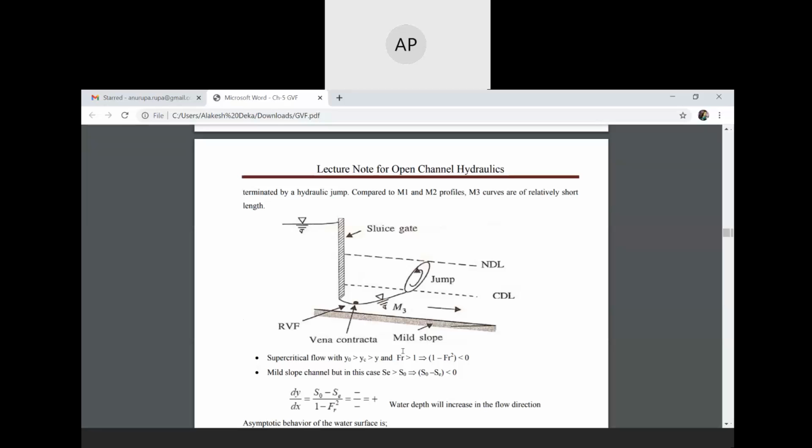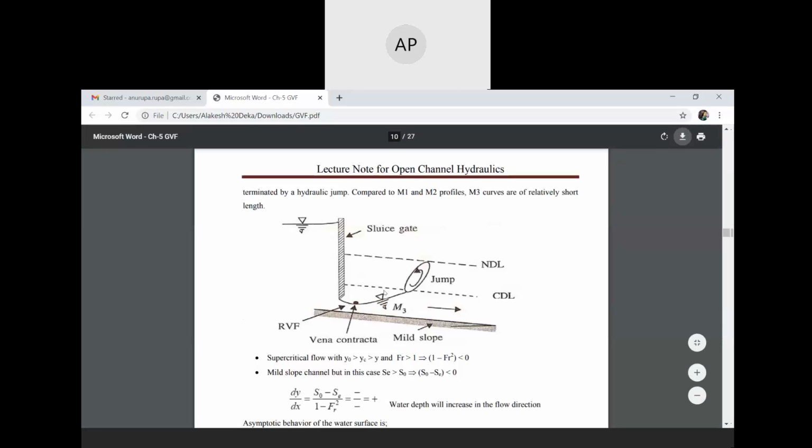Then what you will do? You have to check the NDL, critical line, CDL, okay? And when there is a sluice gate and it resists the flow, then M3 profile exists, okay?